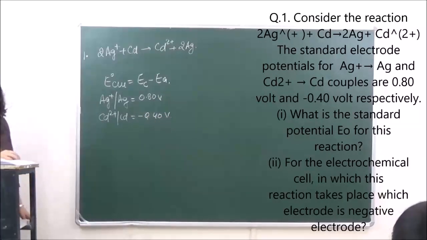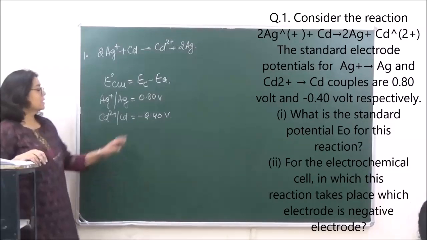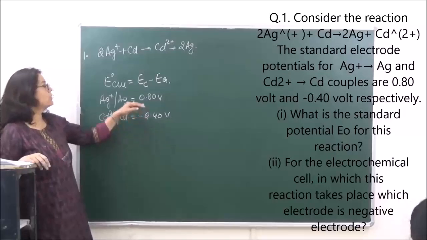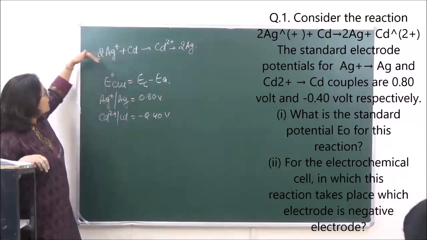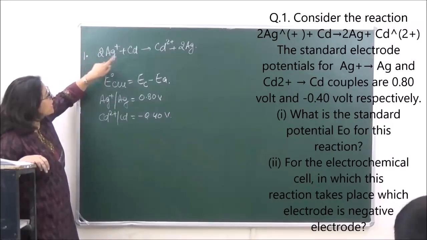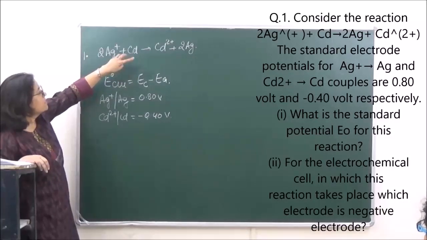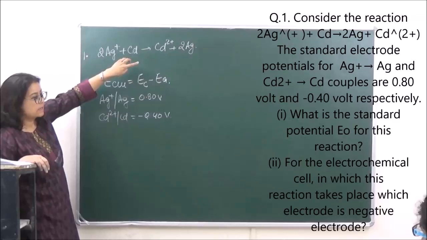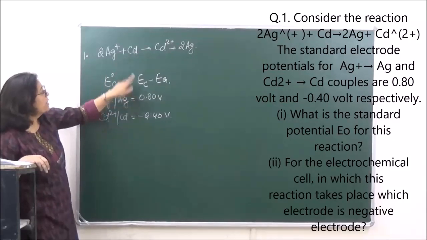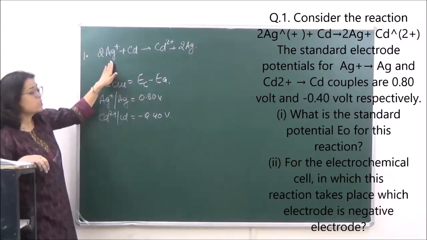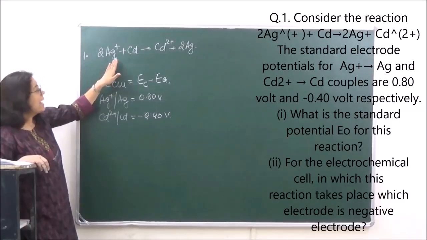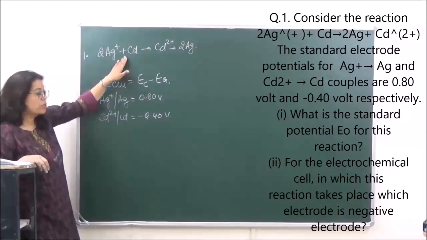Right? One trick which you have to use over here is that you subtract the smaller value from the larger value. Otherwise, if you're looking at the reaction, Ag is getting reduced and cadmium is getting oxidized. Right? And if Ag is getting reduced, Ag is going to be the cathode and cadmium is going to be the anode.